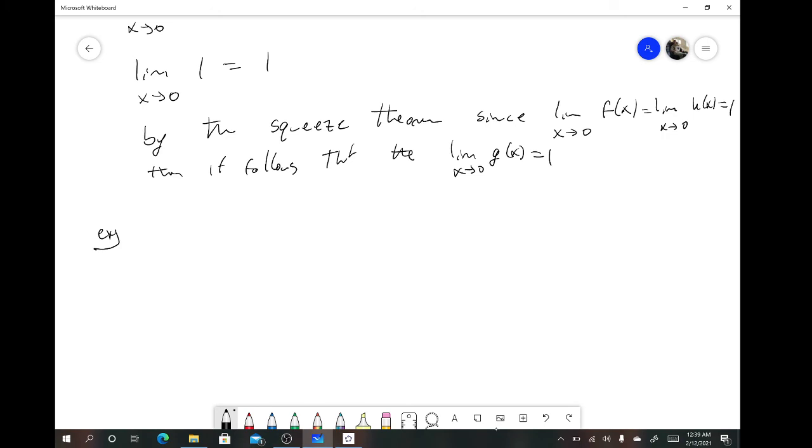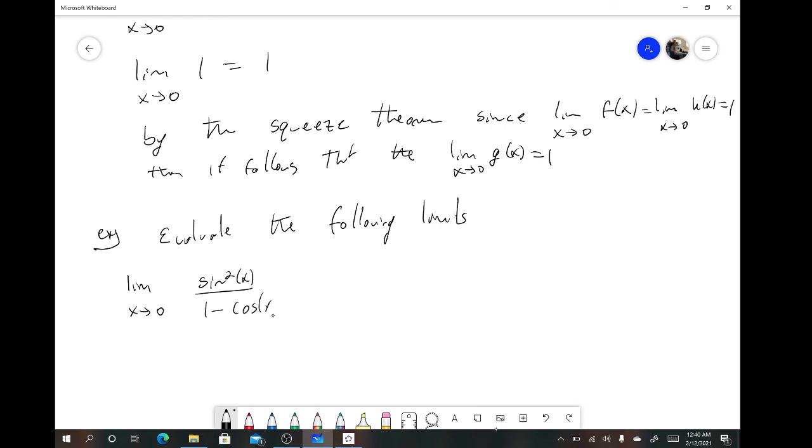Number one will be to evaluate the following limits. Number one, we have the limit as x goes to 0 of sine square x divided by 1 minus cosine of x.